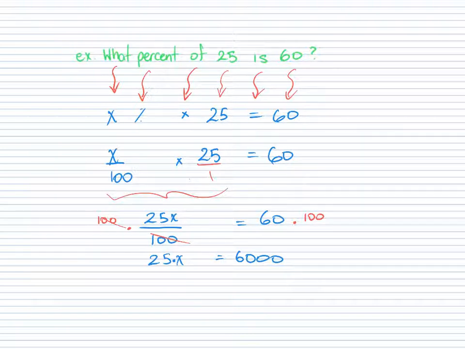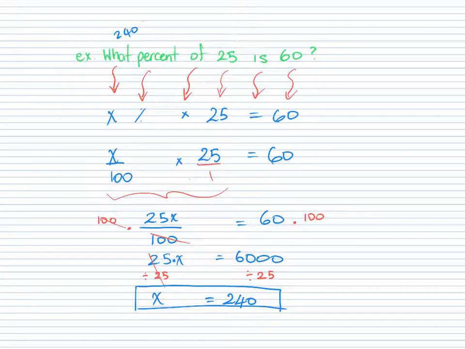So in order to isolate the x, we have to do the inverse operation, which is divide by 25 to get rid of that. But of course, whatever happens on one side of the equation has to happen on the other side. So we go ahead and divide the other side by 25 as well. And we get that x is equal to 240. And that is the percentage, 240% of 25 is 60.